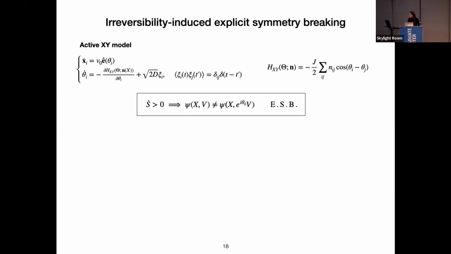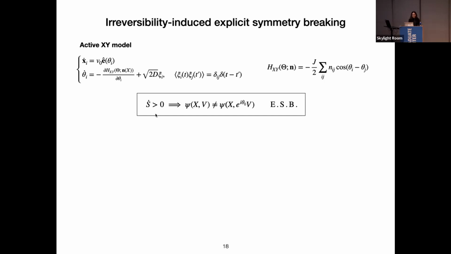I want to conclude by saying that these local signatures of irreversibility by means of pair asymmetries are just a manifestation of a more general result that is not just valid for the active XY model, but for a broader class of stochastic systems, which we dubbed irreversibility-induced explicit symmetry breaking.